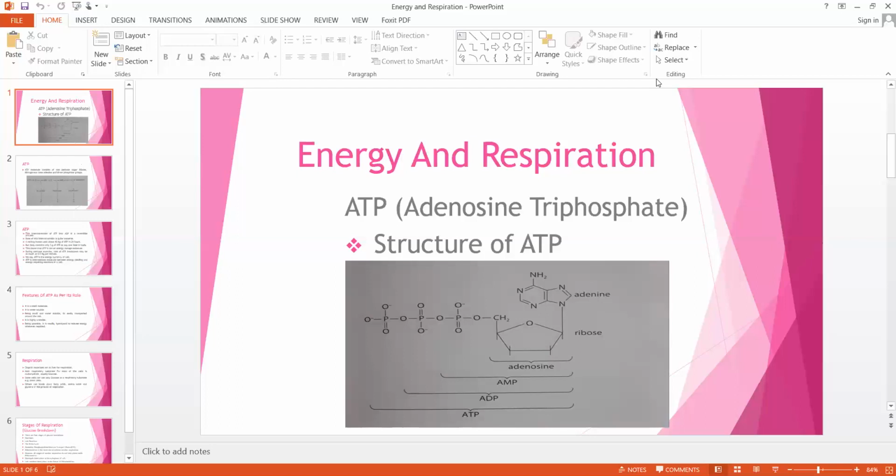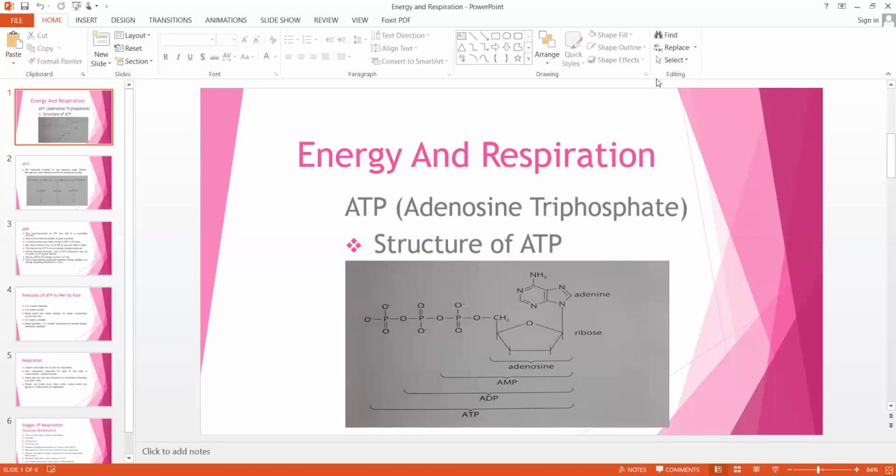Now you can see when ATP is hydrolyzed, it's hydrolyzed in stages. In the very first stage, when the first phosphate group is removed, it changes into adenosine diphosphate, because now two phosphate groups remain.